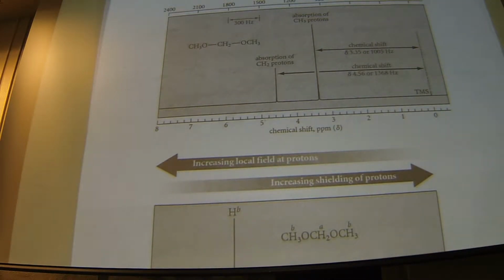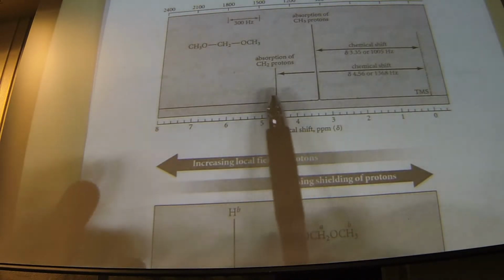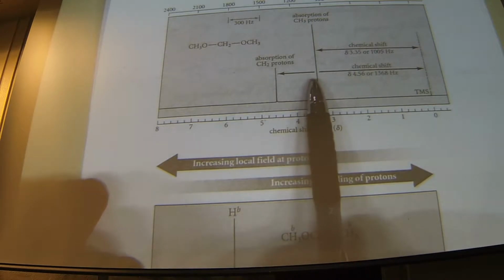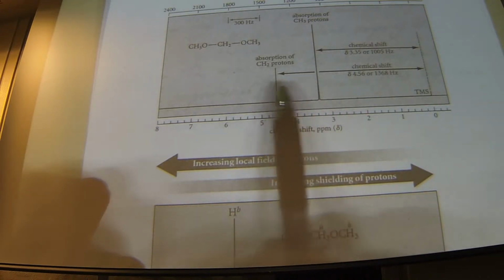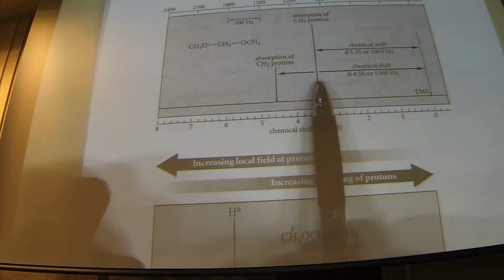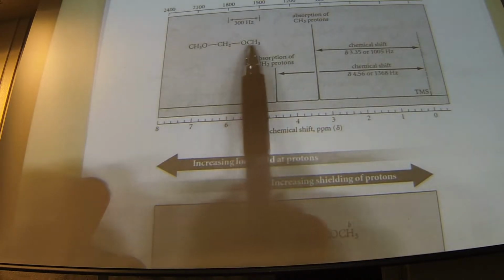You're looking at the area under the peaks. I said that these look like lines, but actually they do have area under them. They're just very narrow peaks. So the ratio of the areas under these peaks corresponds to the ratio of the protons.